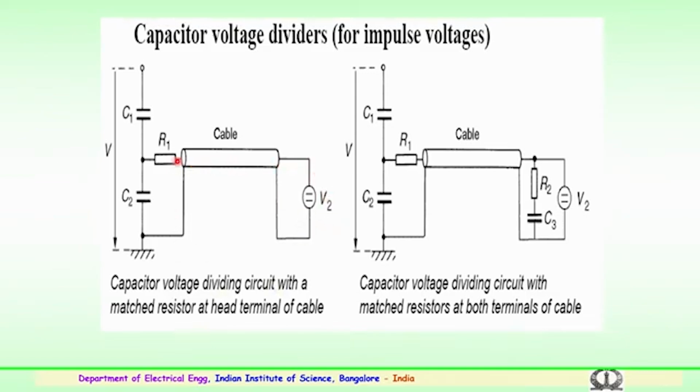Again suitable termination is employed depending upon the impedance of the cable. Here this is the capacitive voltage divider circuit with a matched resistor at the head terminal of the cable, and this shows the capacitor voltage dividing circuit with matched resistors at both terminals of the cable. You can see a suitable matching impedance of the cable is used at the beginning, that is R1, and also R2 with capacitor C3, which could be used for filtering.